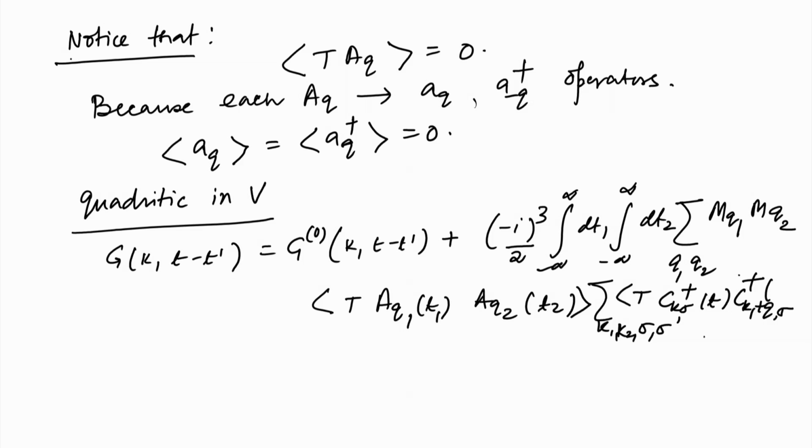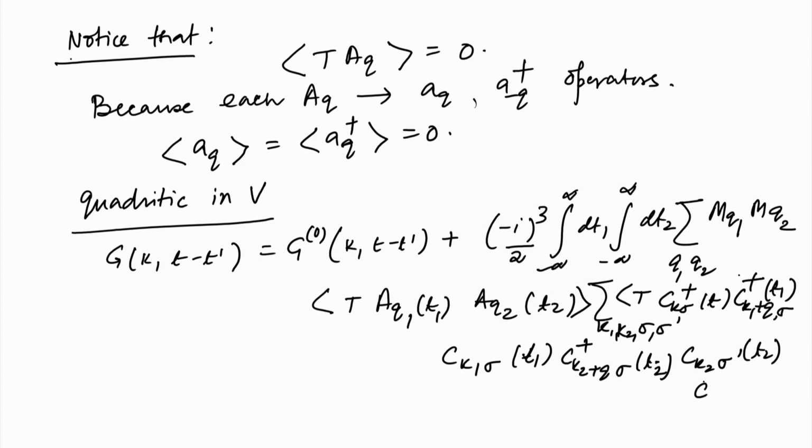c_{k1 plus q sigma} dagger(t1) and c_{k1 sigma}(t1), c_{k2 plus q sigma} dagger(t2) and c_{k2 sigma}(t2) star.